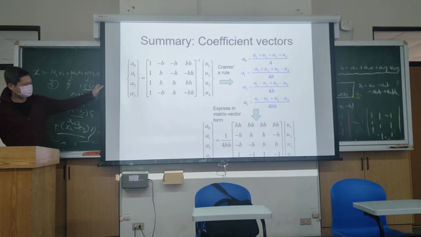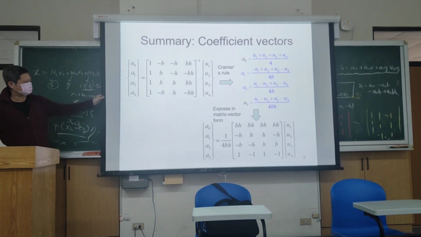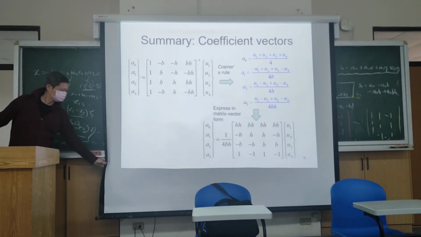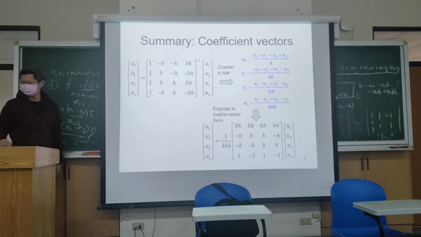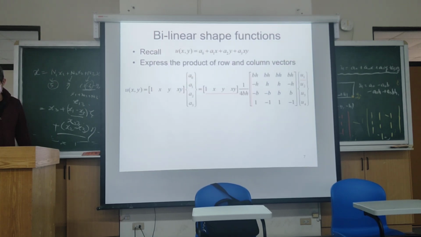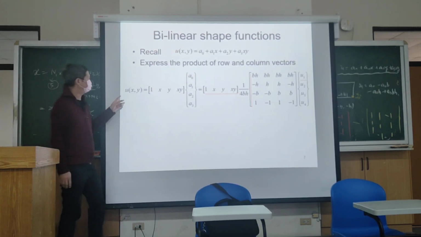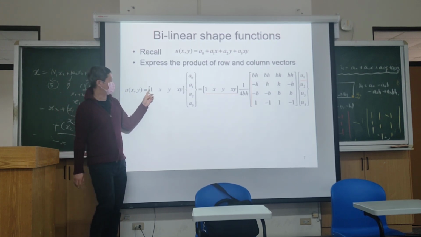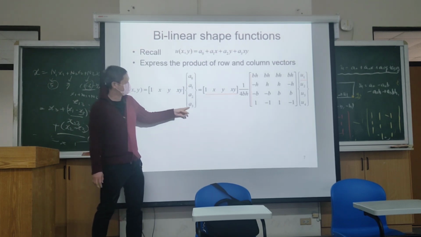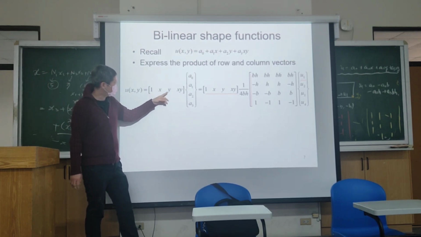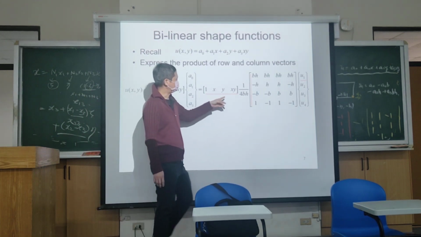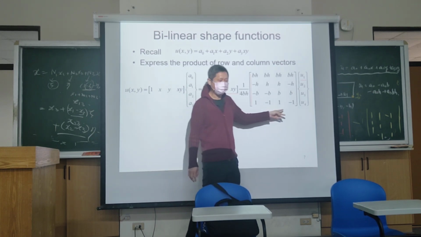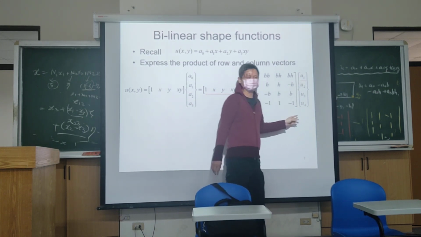Okay, eventually now you find the 4 variables. Okay, with this, now you can find U equal to a row vector times a column vector. This row vector is 1, x, y, and xy, and this column vector is now expressed as the 4x4 matrix times the 4x1 vector.